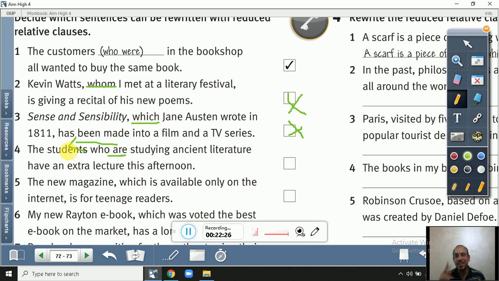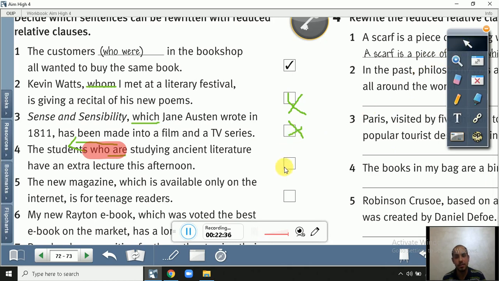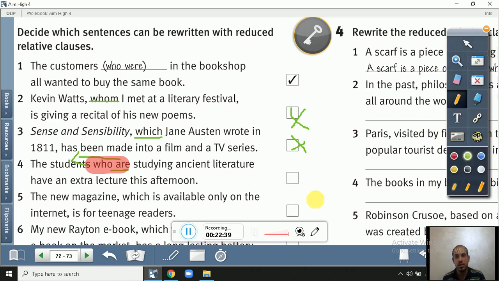The second condition, the relative pronoun is combined with the verb to be. So it is correct, and I can reduce this sentence and delete who are. And I can say, the students studying ancient literature have an extra lecture this evening.